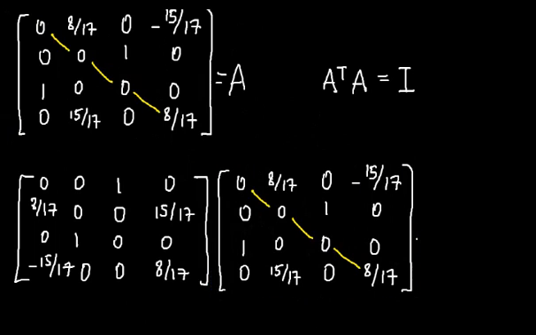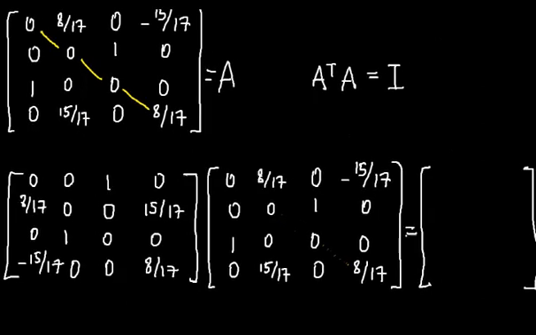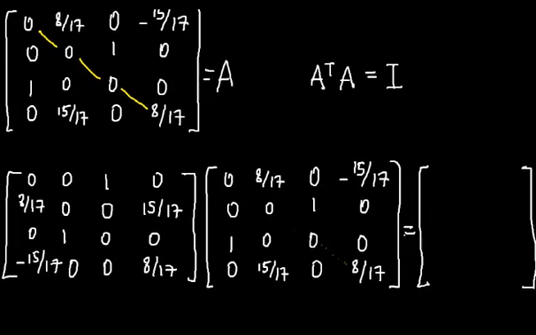And when we do the multiplication, in order to establish orthogonality, what we want to get is that this product is equal to the identity matrix, which is given by ones in the diagonal and zeros everywhere else. So that's what an identity matrix is.